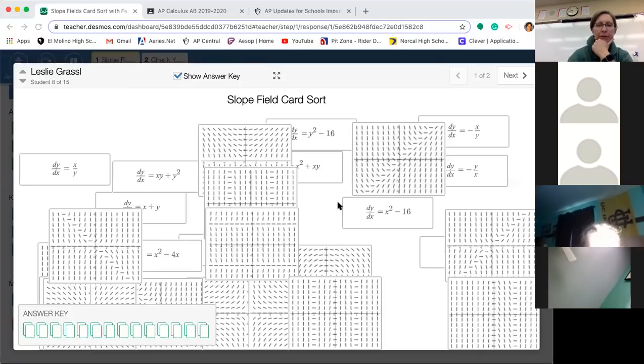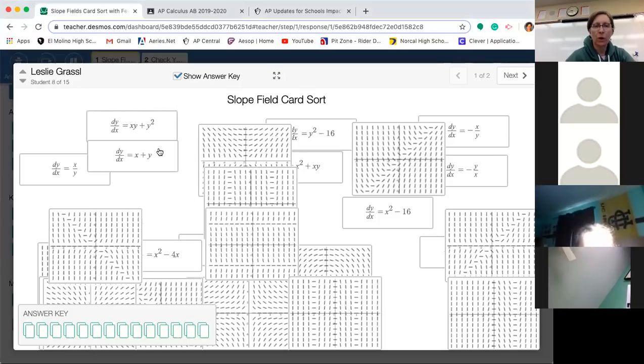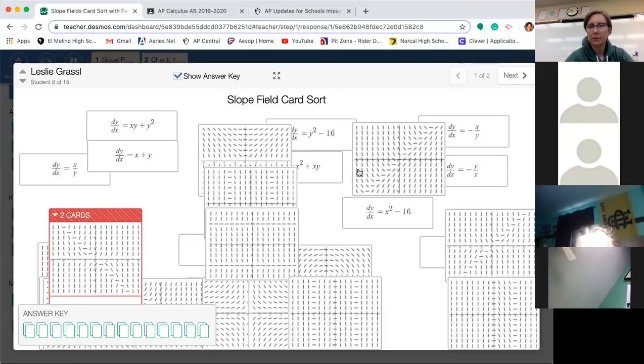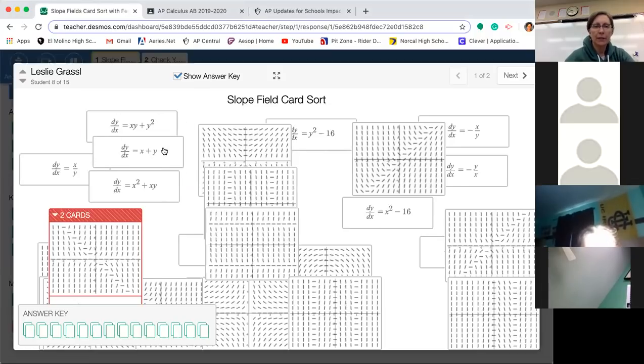Okay, I'm going to grab the screen again, and I'm going to talk about a few in particular that it looks like a lot of you guys are having a hard time with. So I'm looking at the cards that have the X's and the Y's being added or subtracted. Like these guys here. And I'm gonna talk about this card right here in particular.